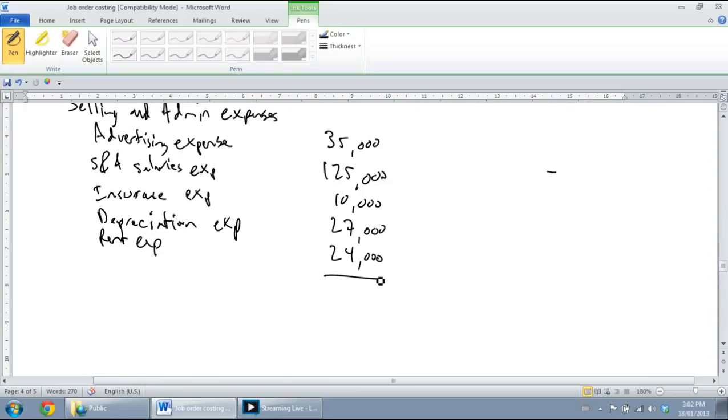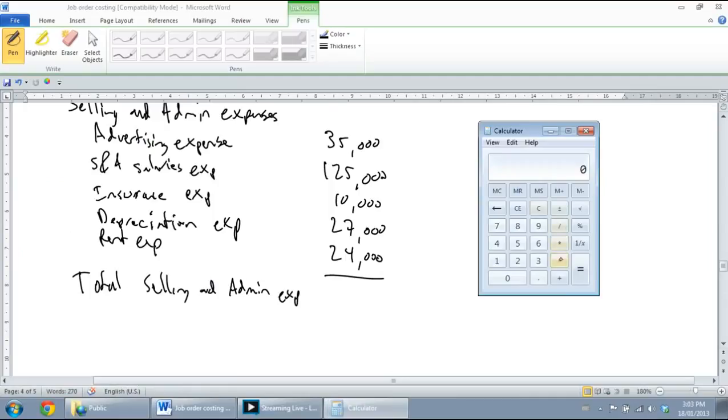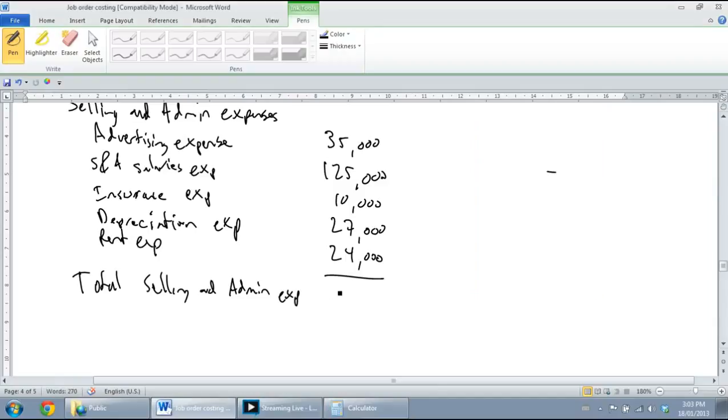Let's total up our expenses. Total selling and admin expenses, and it's just the total of this list. Can't do the total in my head, so I'm going to use a calculator here. 35 plus 125 plus 10 plus 27 plus 24 equals $221,000.